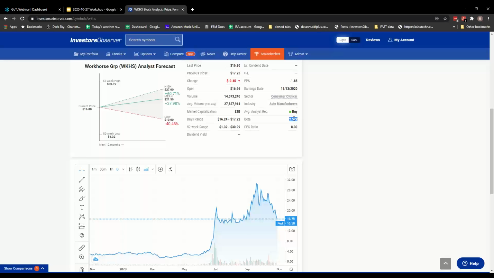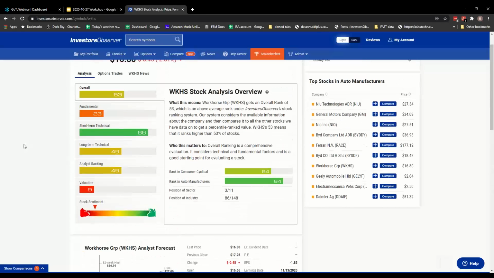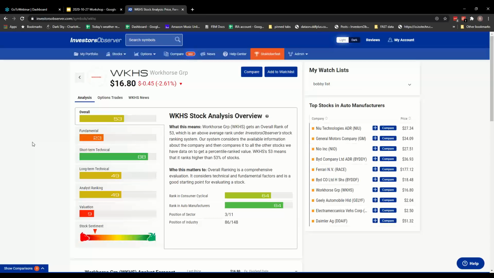So beta is a thing you can look at here. A beta of 2.5 means that this stock moves basically 2.5% for every 1% that the S&P 500 moves. So it's going to be a pretty volatile stock, right? It'll go up when things are going up, but it's going to go down when things are going down.